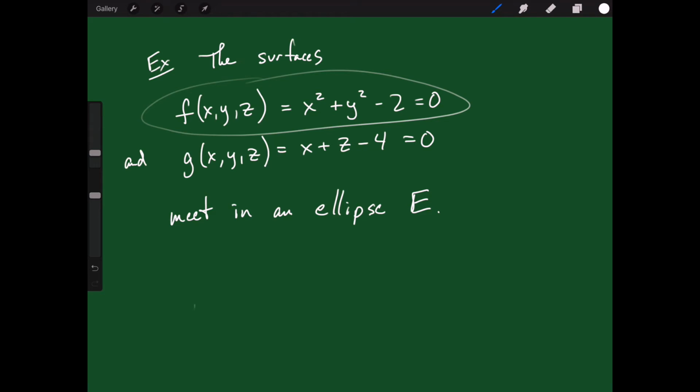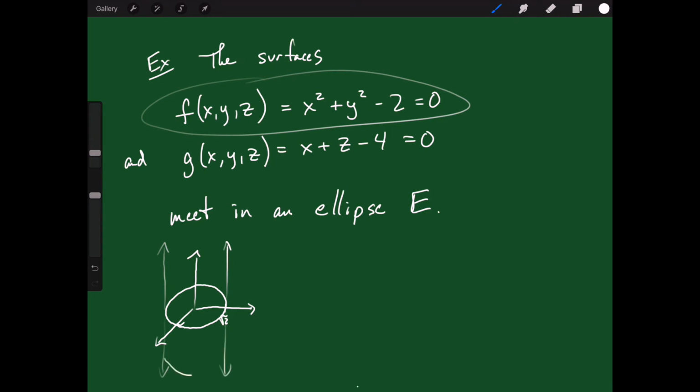So if I were to draw my x, y, z axis here, and I were to go out square root of 2, and I draw a circle here, well, the z is free to do whatever it wants, so that would go up in this direction, up in this direction, and also down.